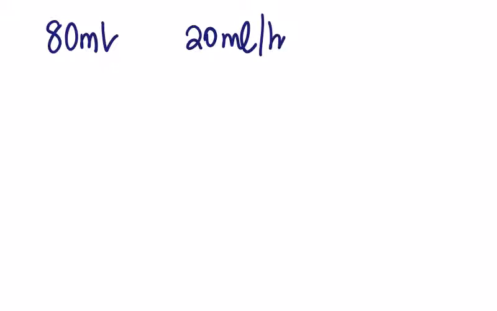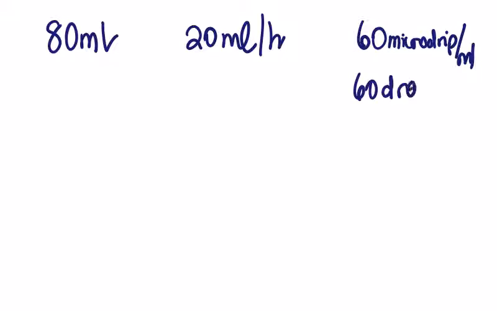So, we are in Module 4, Exercise 5, Question 13. We have 80 mils to infuse at the rate of 20 mils per hour using a 60 micro drip per mil drop set, which is the same as a 60 drop set.